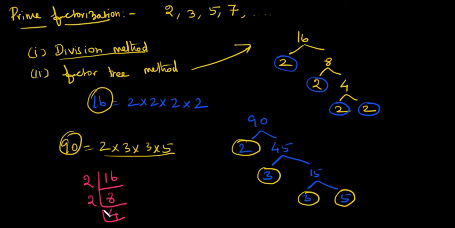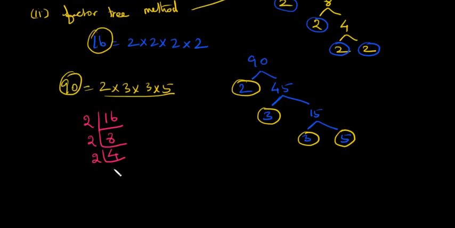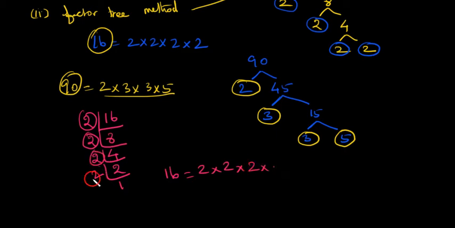If you can't divide by it, you can move to the next prime number 3. But here we can divide by 2. So you'll get 2 here. Again, if you divide by 2, you'll get 1 here. So 16 can be written as 2 into 2 into 2 into 2.